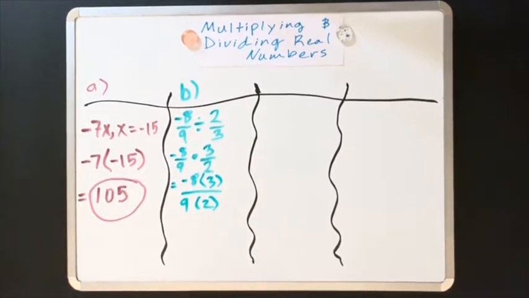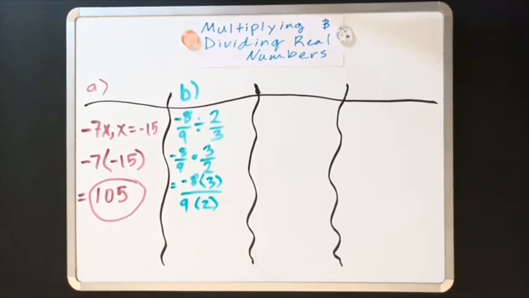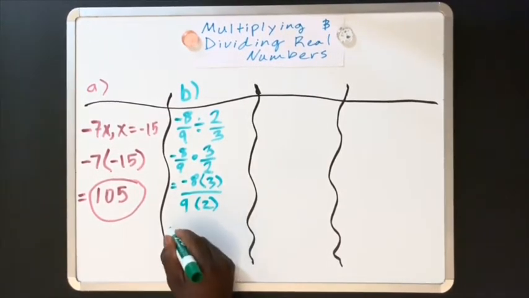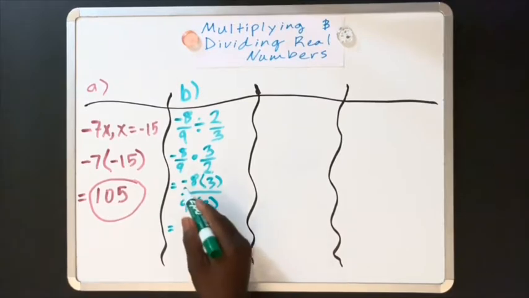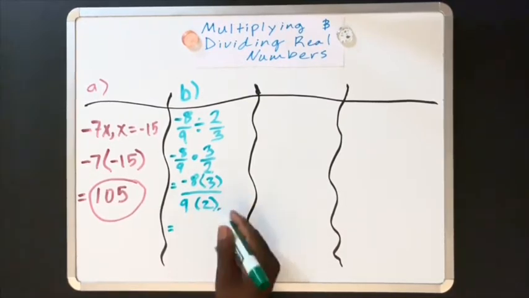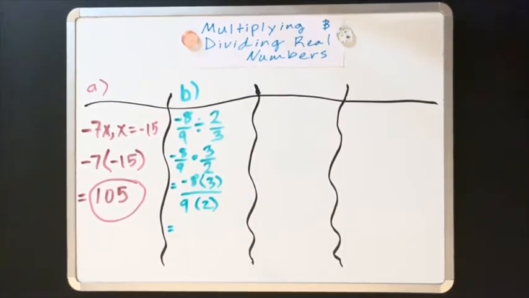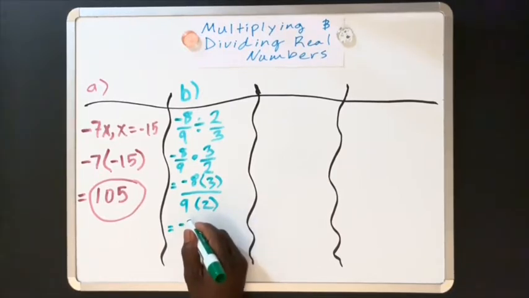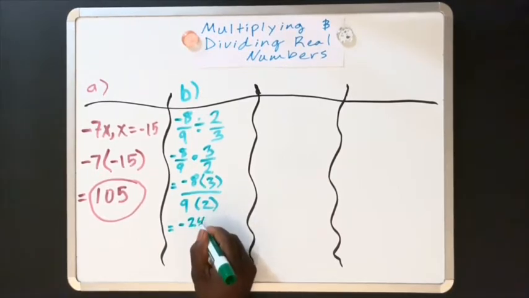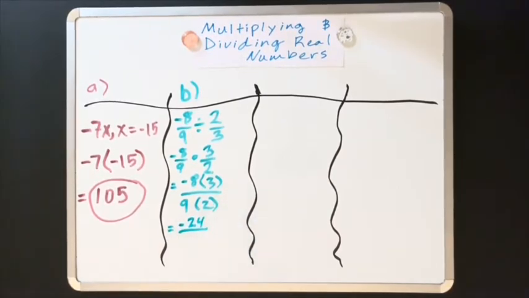Now, multiply the numerators. Negative 8 times 3, that negative times a positive is a negative, so that's going to be negative 24 over 9 times 2, which is 18.